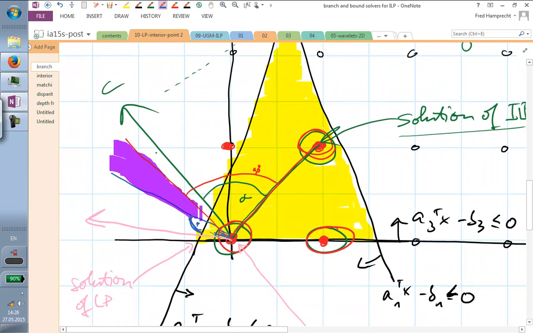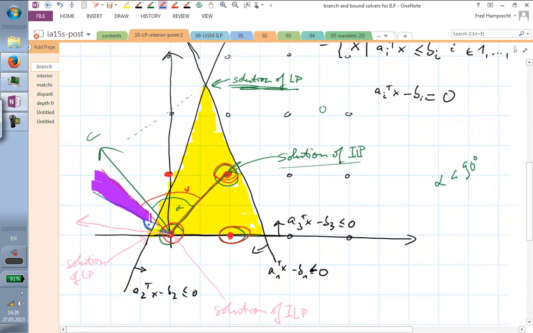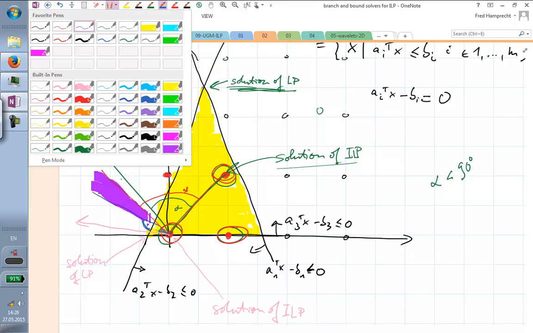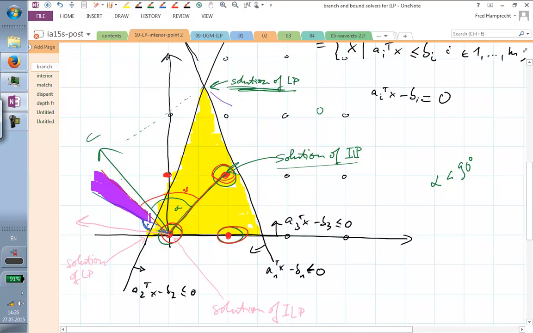So your LP is still the apex of the triangle, but your ILP is the origin? Exactly. So for this funny color here, the solution of the LP would be here, but the solution of the ILP would be down there.